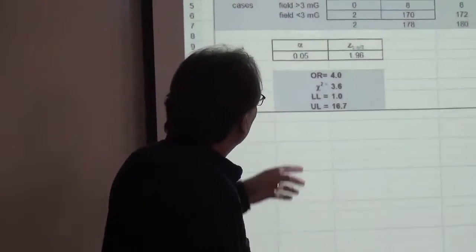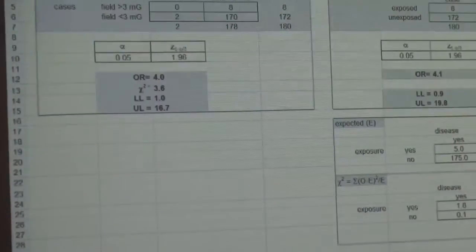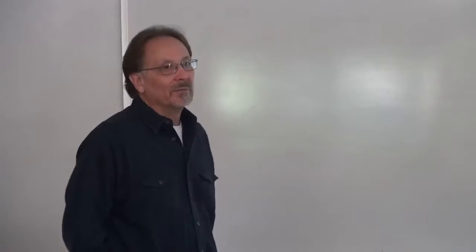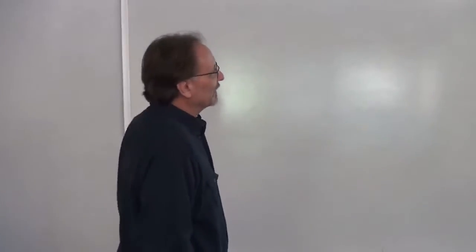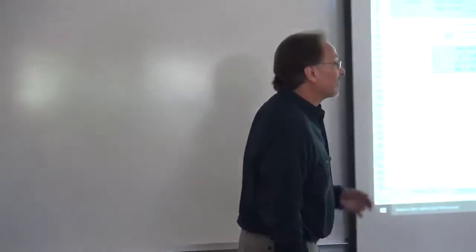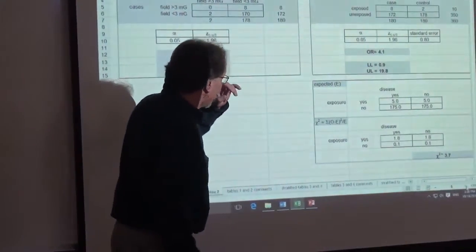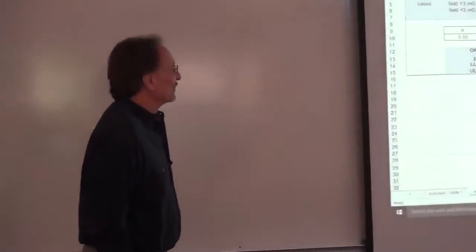They're slightly different, but 1 versus 0.9, 16.7 versus 19.8, that's pretty darn close. So what I conclude from this is that not only is there, strictly speaking, not a significant relationship, but it looks like their matching variable wasn't a confounder, which further implies that they could have subjected this to a logistic regression instead of putting it into 2x2 tables for analysis.